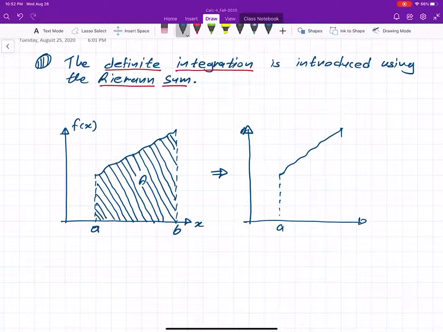Here you have A. I'm sorry, it should go further, like that.